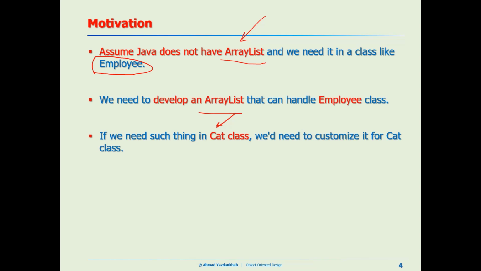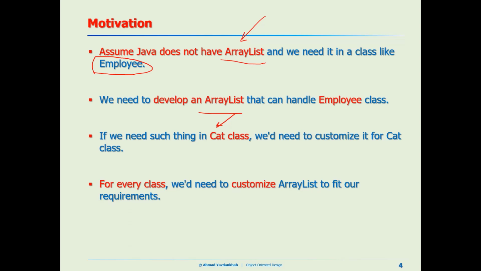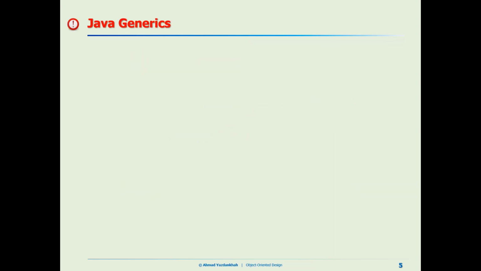So for every class that we create, we should customize that ArrayList for that particular class. This is very strange in the developing world, right? So that's why Java introduced the generic type.